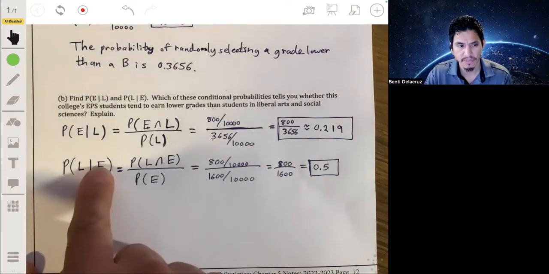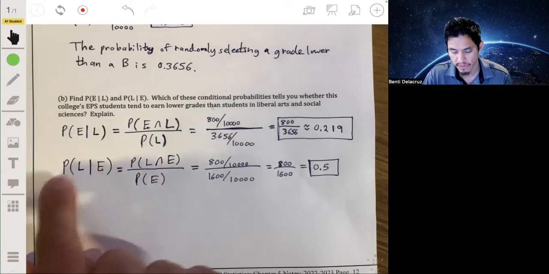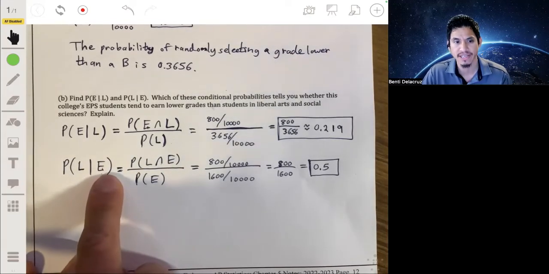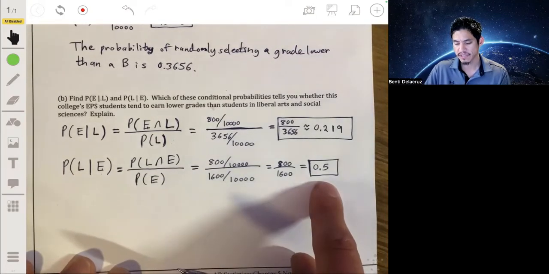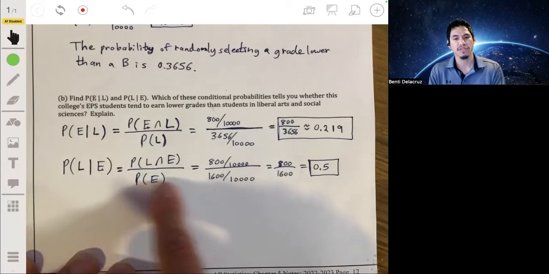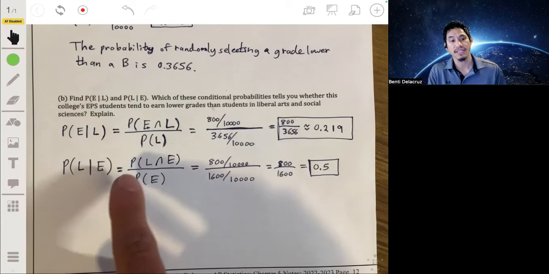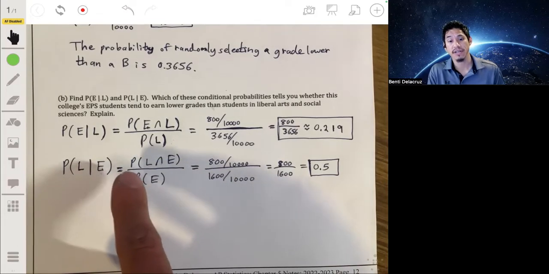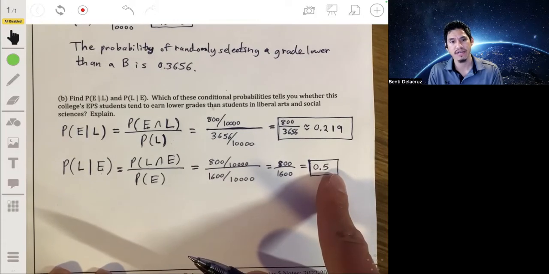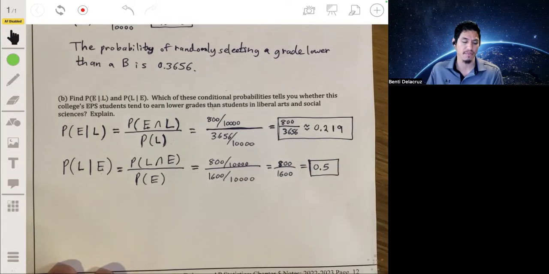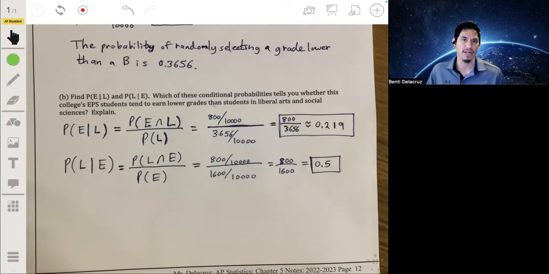That's the probability of L given that they're in engineering. This value says that the probability of a student getting a grade lower than a B, given that they're in engineering, is 50%. So for the students in engineering, 50% of them get grades lower than a B. So this one tells you that yes, they get lower grades than other students.